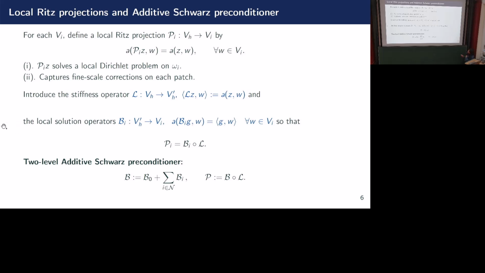We also define our stiffness operator L from the fine space to its dual by this variation. I want to stress here, this is not just the inner product, but the duality pairing. And then we define the local solution operators, Vi, in this way. So the composition of Vi and L gives us this local Ritz projection.